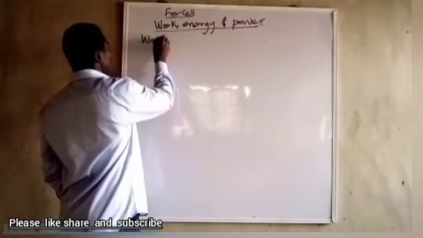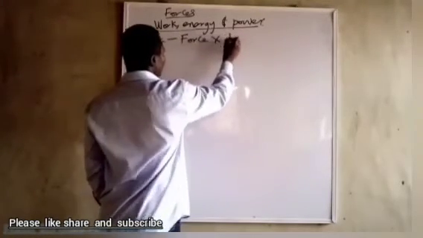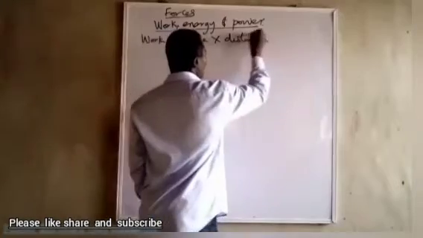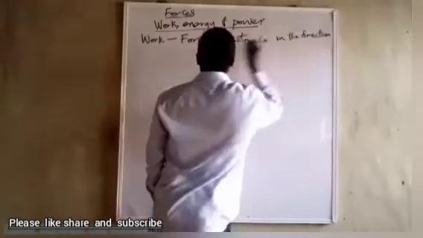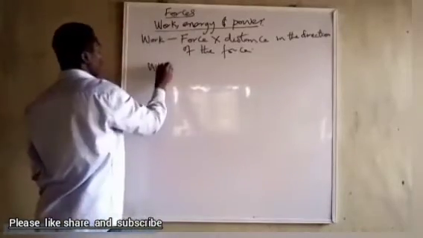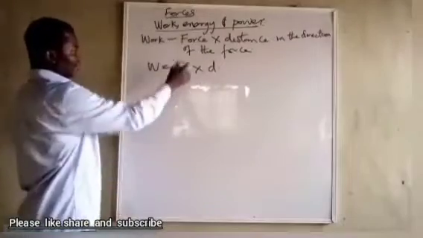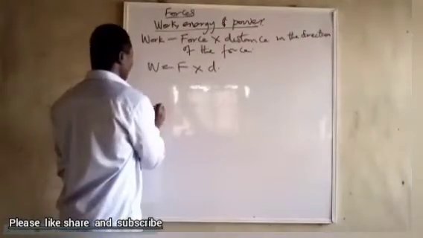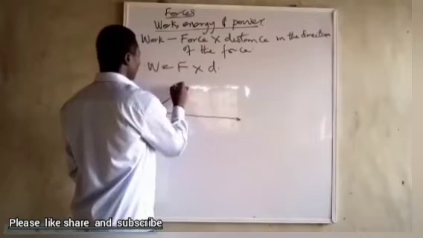Work is the product of force and distance in the direction of the force. But if the force is at an angle to the direction, let's say the force is like this and the distance moved is along this direction.